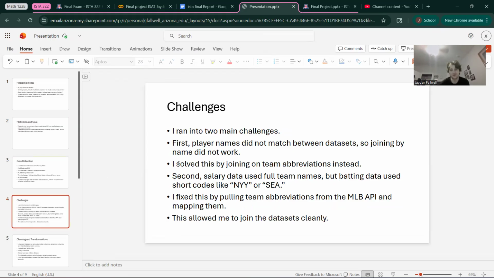On one of them they had the full name of the team, like the New York Yankees or the Seattle Mariners, but on the other it was just abbreviated, NYY or SEA. So I made it all into the abbreviated form for all 30 teams in the MLB, and that's what the API was for. I used that to abbreviate them, and it allowed me to join all the data cleanly.